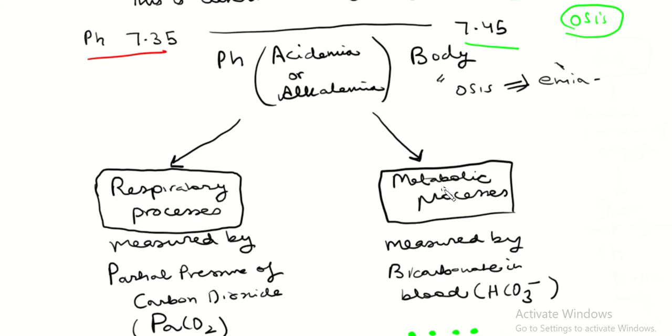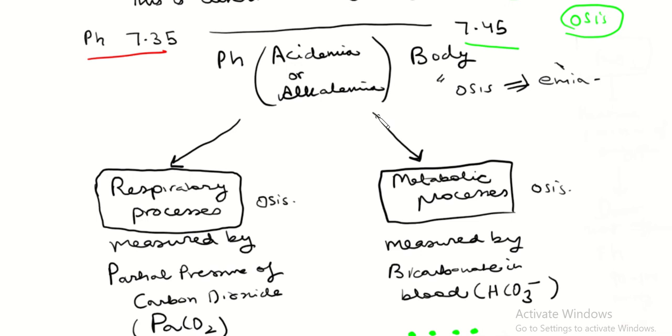Respiratory acidosis or alkalosis cause either acidemia or alkalemia. Metabolic acidosis or alkalosis contribute and cause acidemia or alkalemia.